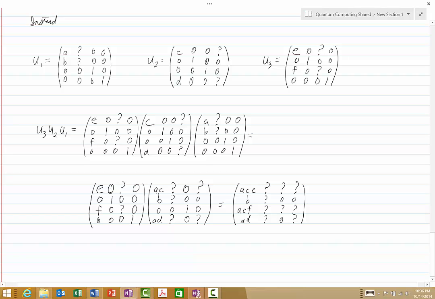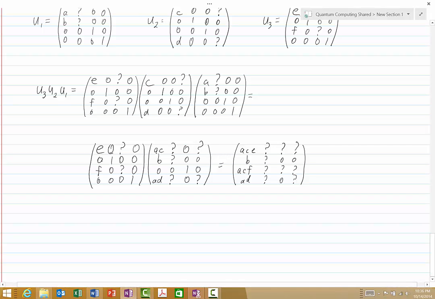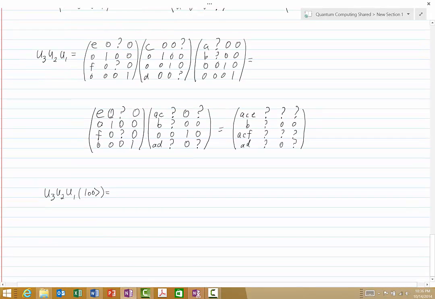Now, you might despair because we have all these question marks here in this matrix, but remember, all that we wanted was to know how U3, U2, U1 acted on the 0, 0 vector, and all that information is in the first column.